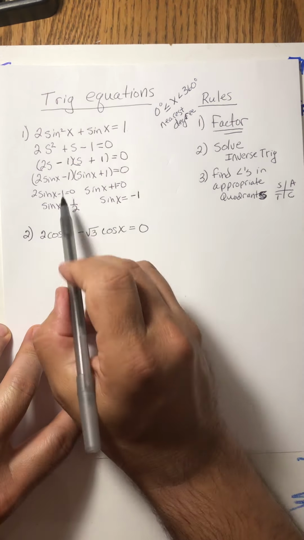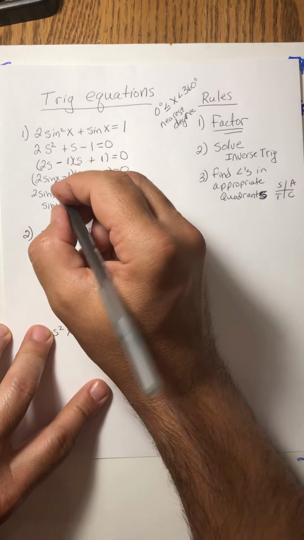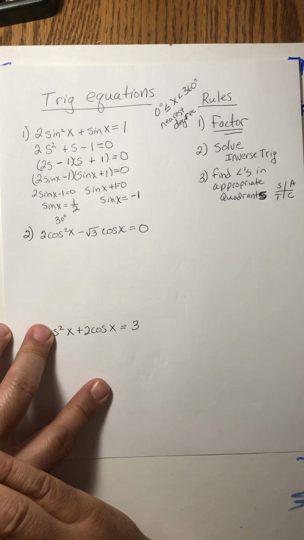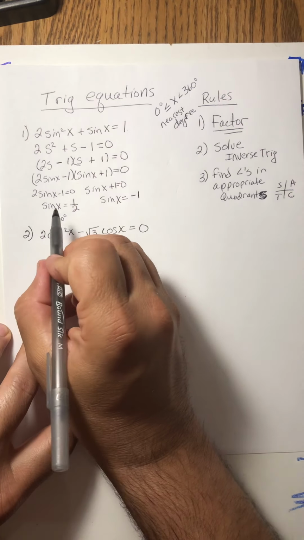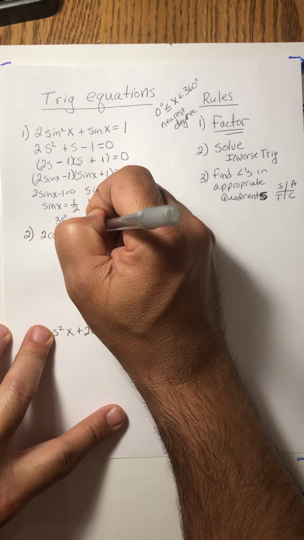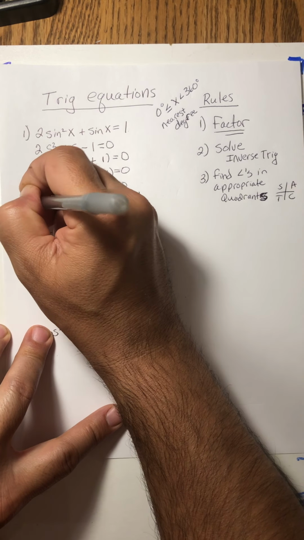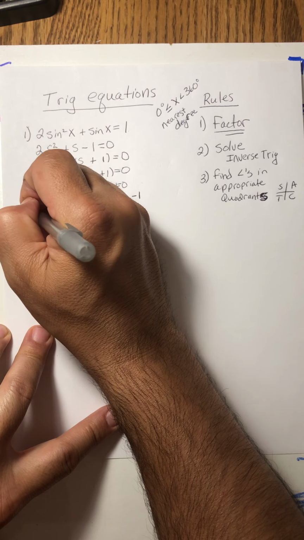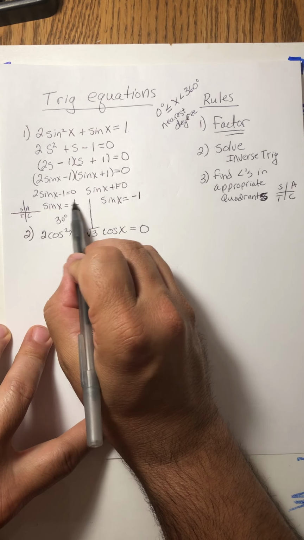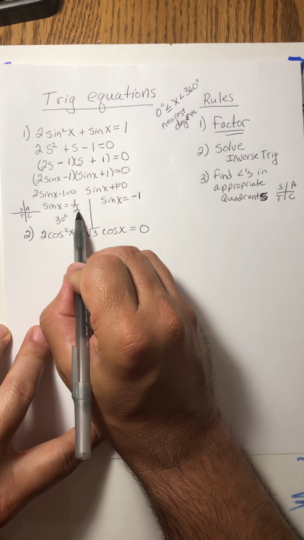Okay? I know this. The sine of what angle is equal to 1/2? That's 30 degrees. Now, what does that mean for me? Remember when we do our ASTC, this sine is positive. In what quadrant is sine positive?